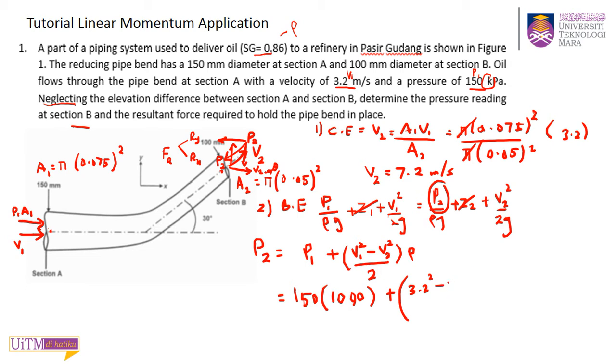That's why you find the V2, 7.2 squared over 2, and the rho of the oil given in this question, which is 860. And you will get your P2. What is the value of P2 then?